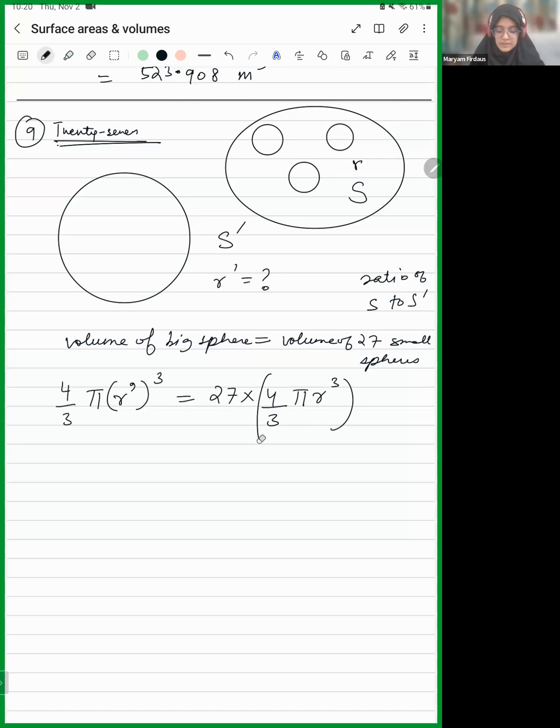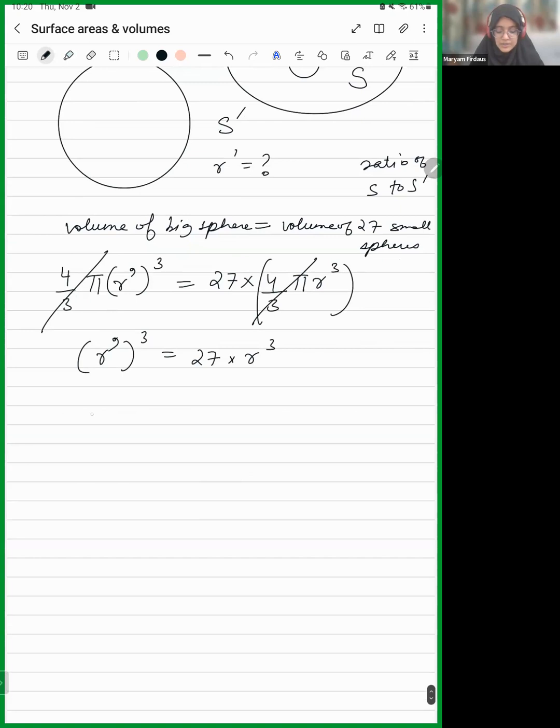So we can cancel 4 by 3 pi and 4 by 3 pi. What are we left with? r dash cube is equal to 27 into r cube. Yes, ma'am. Now, 27 can be written as 3 cube, yes or no? 3 cube. Yes, ma'am. So we will write it as 3 cube.